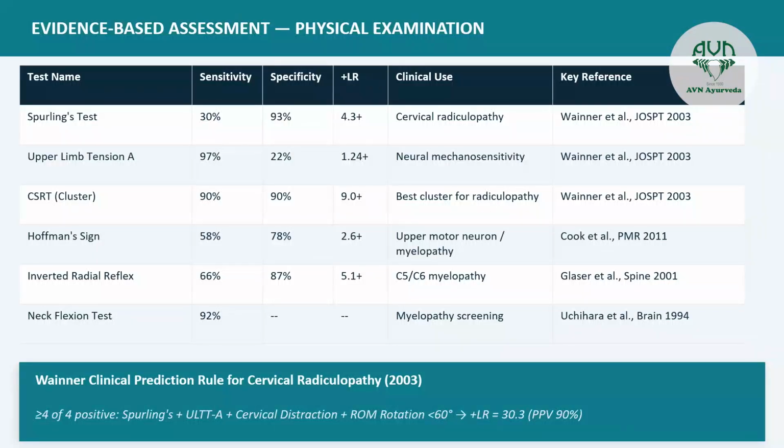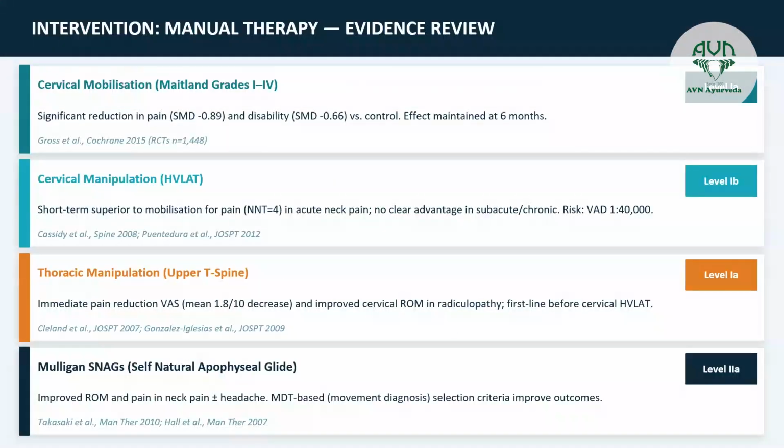It includes Spurling's test, upper limb tension test, and a cluster test to rule out radiculopathy. We will be grading all the tests accordingly, and ruling out the radiculopathy. Then Hoffman's sign, inverted radial reflex, and neck flexion test. All these have a better outcome to rule out radiculopathy and spine health.